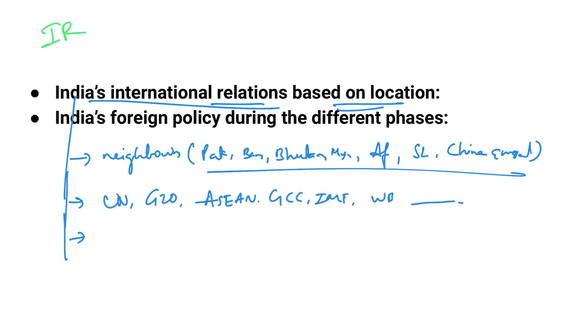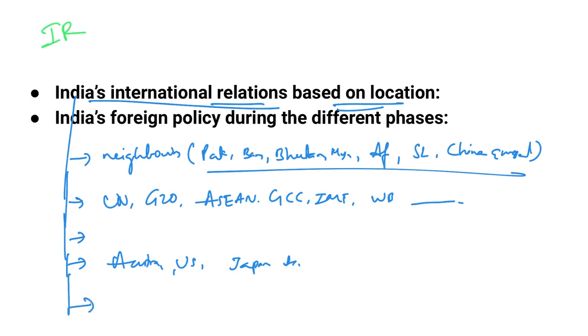Next, India's relation with different regions. Different regions, in the sense apart from the neighboring countries, like the Americas, Africa, Middle East, Central Asia, Europe and so on. Next is India and the rich nations, the relationship of India with rich nations like Australia, US, Japan and so on.